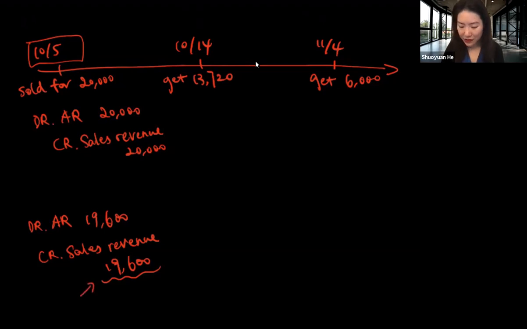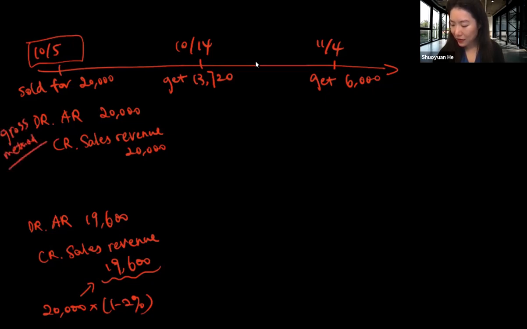It is coming from $20,000 multiplied by 1 minus 2%. So which one do you think is the gross method and which one is the net method? The first one is the gross method. And the second one is the net method.